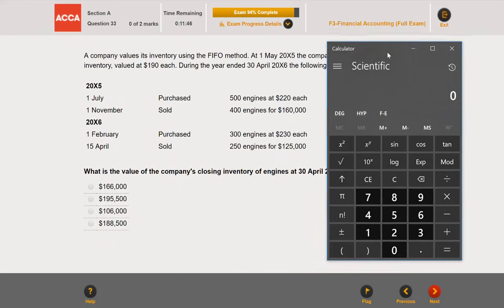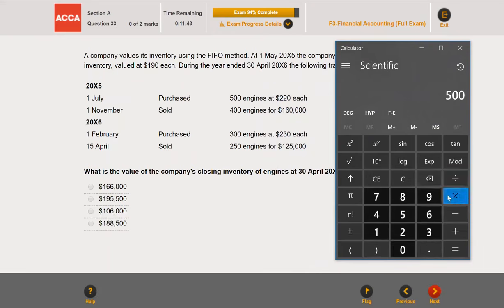So 500 into 220 equals 110,000, and then 300 into 230 becomes 69,000. 69,000 plus 110,000 and plus 9,500. It becomes 188,500.